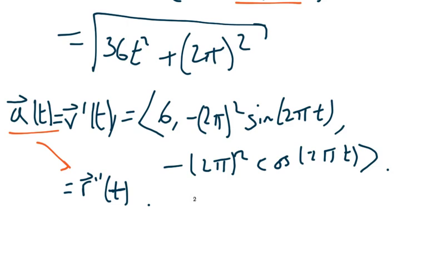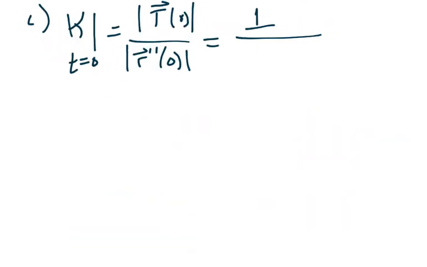The magnitude of that is going to be, we have 6, we have 0 because the sine is 0, and then we have minus 4 pi squared.